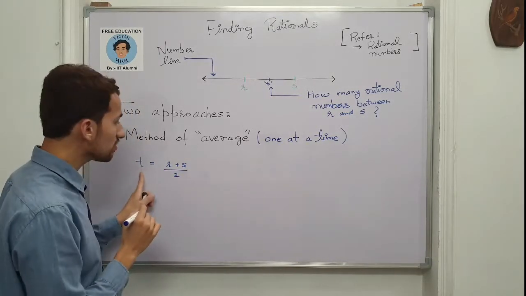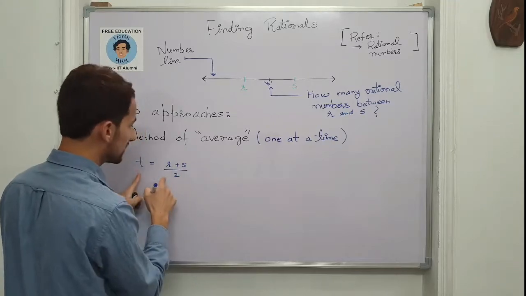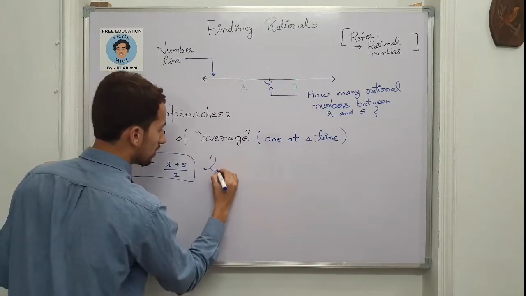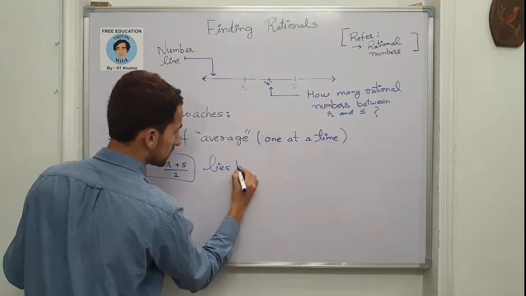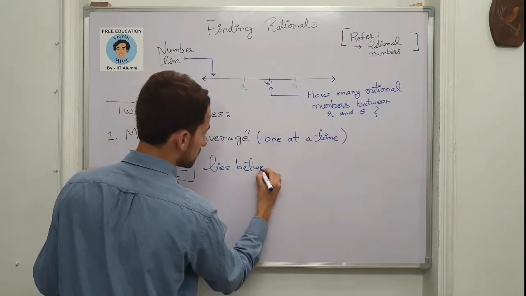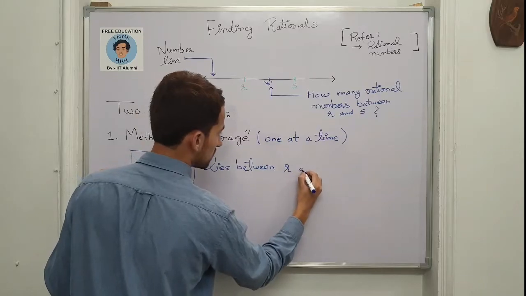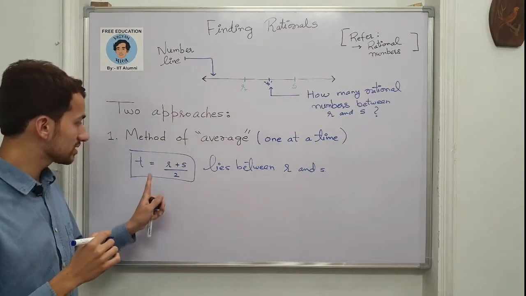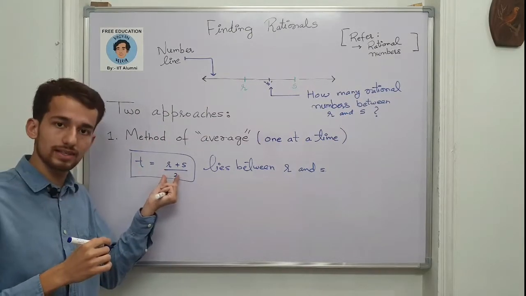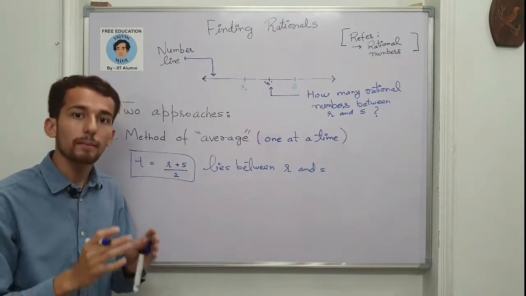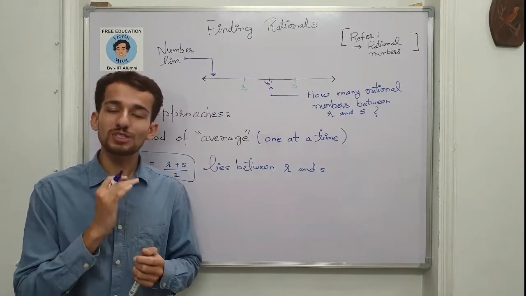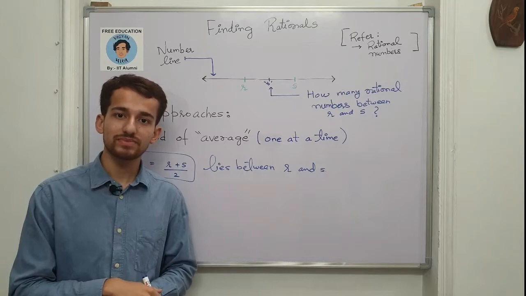You observe now this value t, which lies between R and S, is of course a rational number, because it's very simple. How is a rational number defined? Pause the video and think about it once.